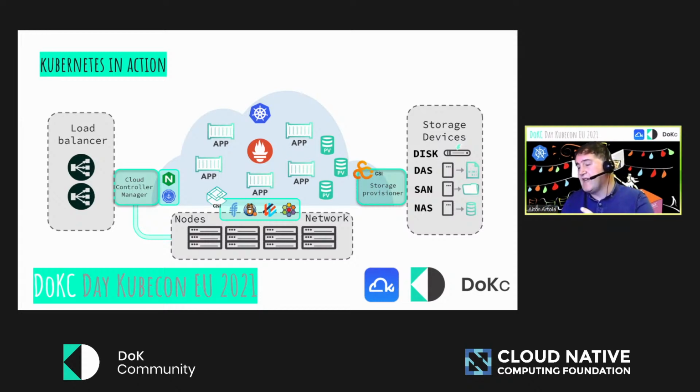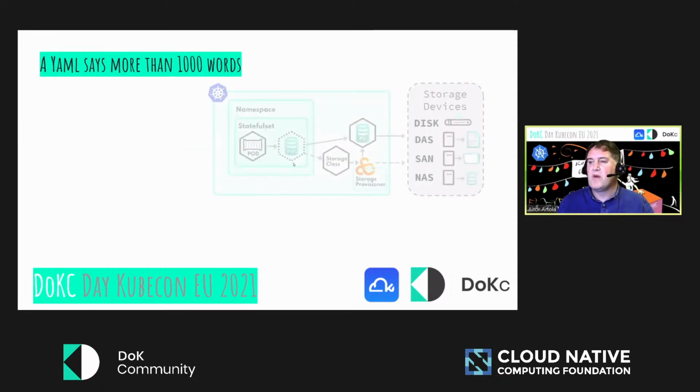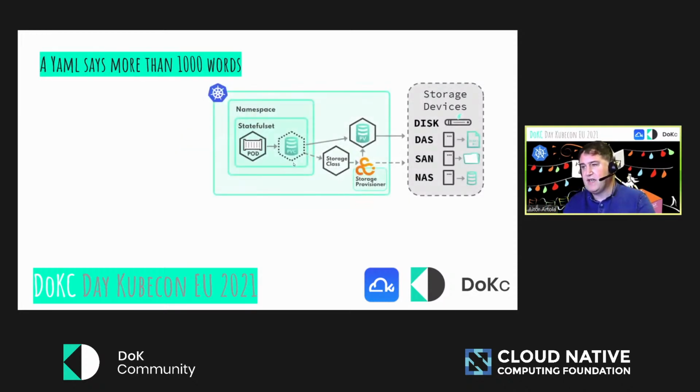So Kubernetes as such doesn't handle that directly. It relies on something called the storage provisioner that follows the CSI interface, the container storage interface. So the storage provisioner is the one that is dealing with the different storage devices you might have available in your environment. So in order to understand how Kubernetes manages storage, I'm going to give you some overview, right?